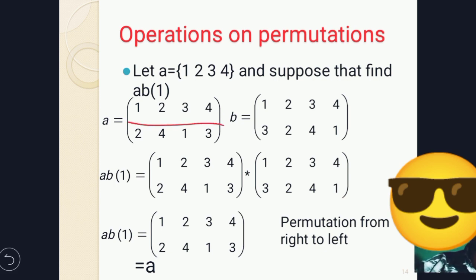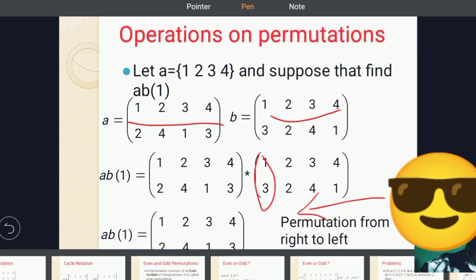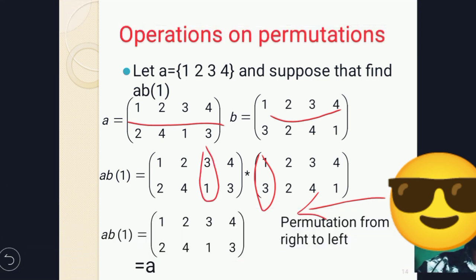The domain should be constant in A and B, and the range is changing here: 2, 4, 1, 3 in A and 3, 2, 4, 1 in B. A into B of 1: the permutation always multiplies from right to left. B of 1 is 3, and A of 3 is 1, so A into B of 1 is equal to 1.